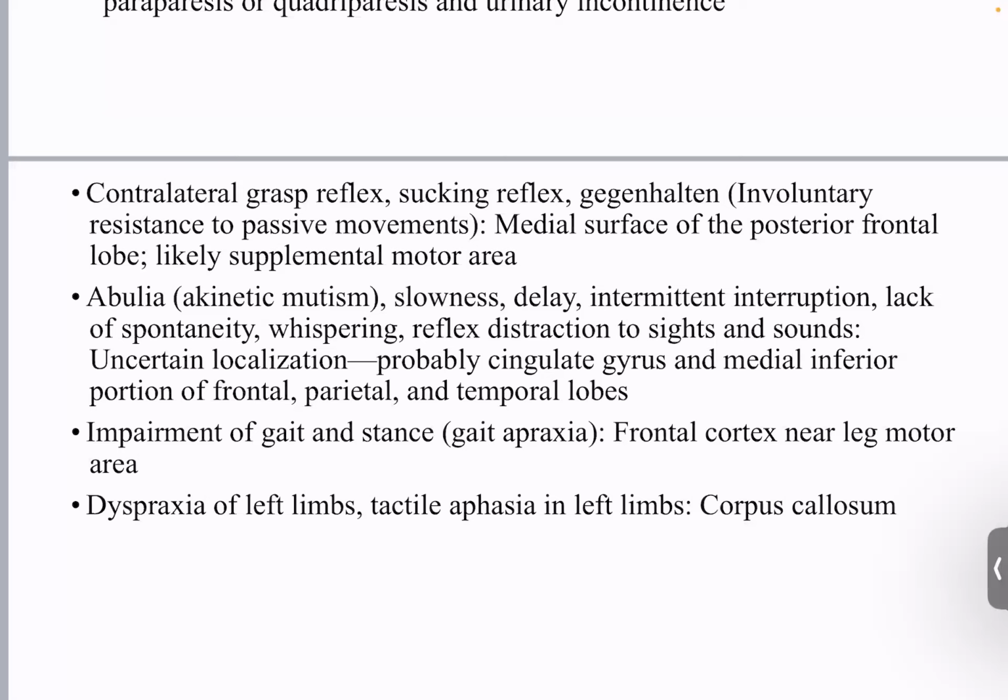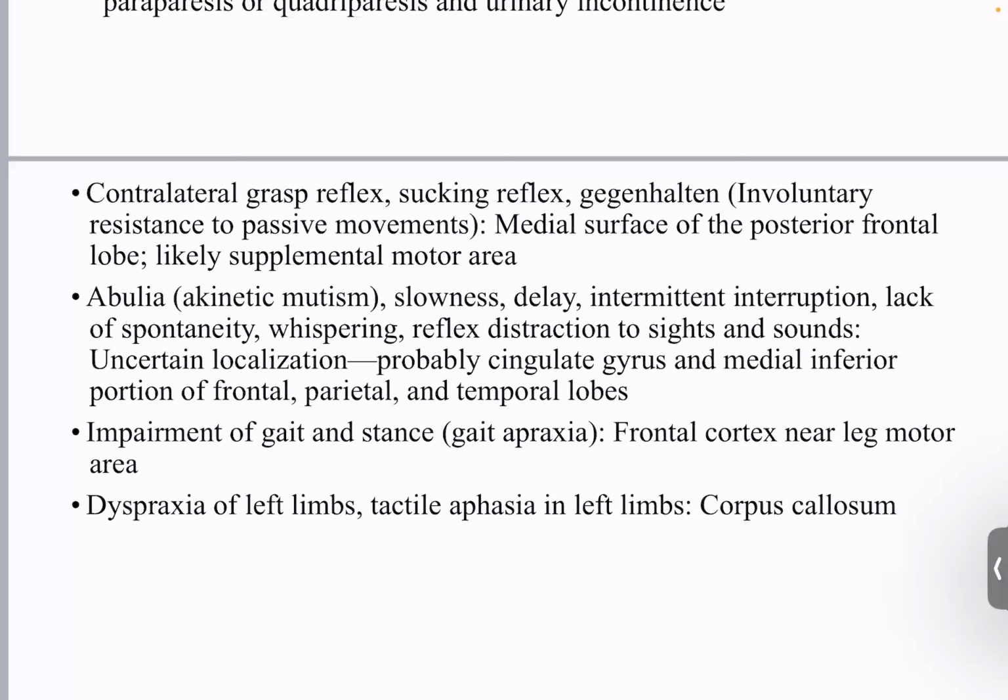Involvement of the cingulate and medial inferior portion of the frontal, parietal, and temporal lobes can cause abulia, slowness, delay, intermittent interruption, lack of spontaneity, whispering, and reflex distraction to sights and sounds.